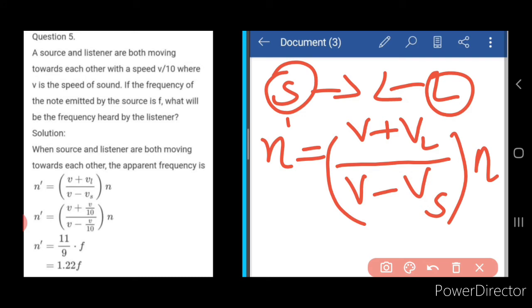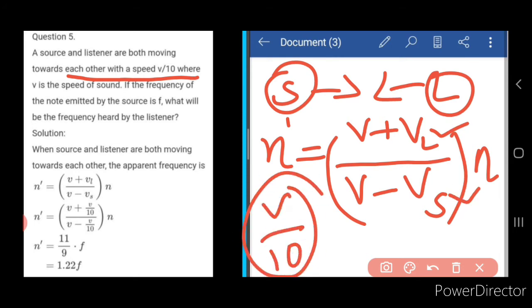So in this formula we will substitute Vl to be V divided by 10 and Vs, the velocity of the source, to be V divided by 10. Why? Because they are moving towards each other with a speed that is 1/10 the velocity of the sound, right? So substituting Vl and Vs as V divided by 10, let's do the calculation.